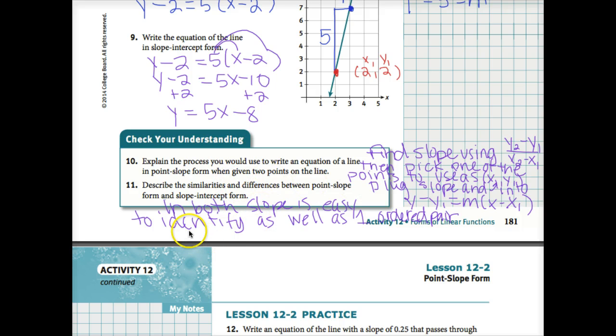So in point-slope form, it could be any point. And that would be the differences. I kind of ran out of room here writing it. But differences would be slope-intercept can see y-intercept, but not in point-slope. Sorry, that's so squished.